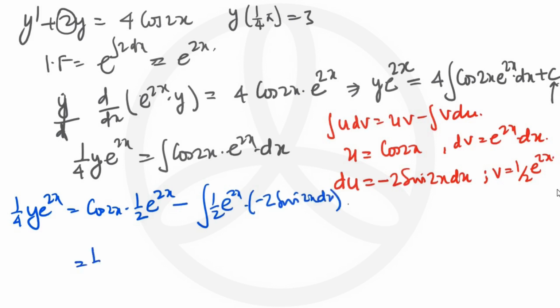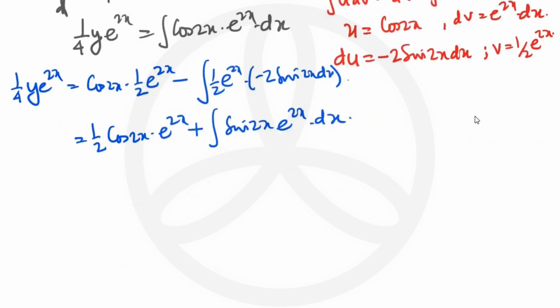So here we have half of cos 2x e to the power 2x. This minus will make it plus, and this half will make it 1. Half multiplied by minus 2 will become minus 1, and minus 1 minus will become plus. We have here simply sine 2x e to the power 2x dx.